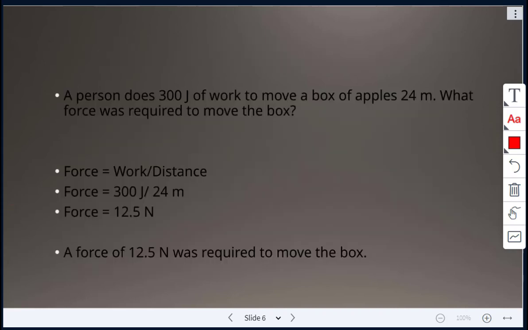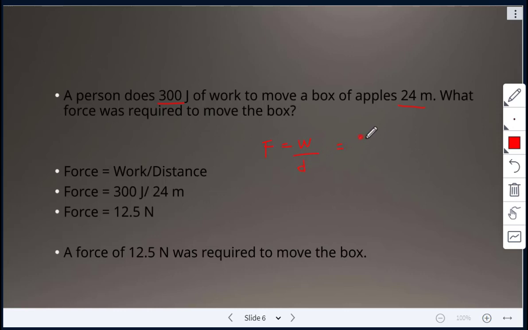All right, so here we have another example. A person does 300 joules of work to move a box of apples 24 meters. What force was required to move the box? For this question, we are given work and we are given the distance. So we have to solve for force. Force is equal to work divided by the distance.